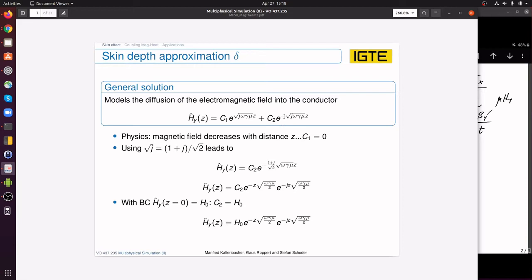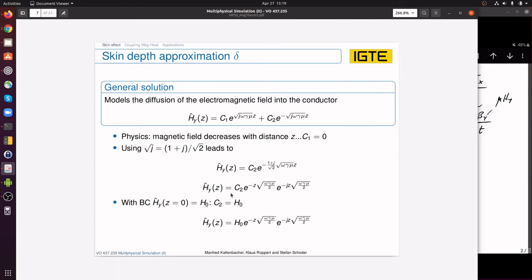Then we rewrite the square root of the imaginary unit, insert it into the exponent, and end up with this equation. So we split up the addition into a multiplication of two exponential functions. Then we can apply a boundary condition. We assume that our field is not 0 at location z equals 0 but has a certain value H0.